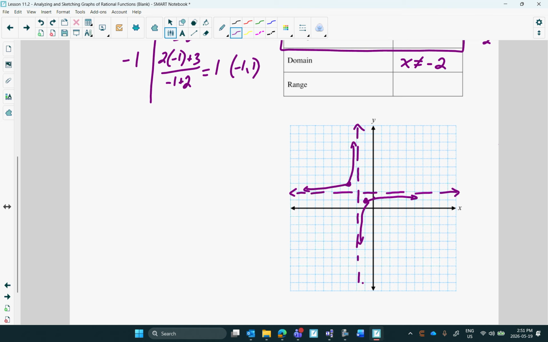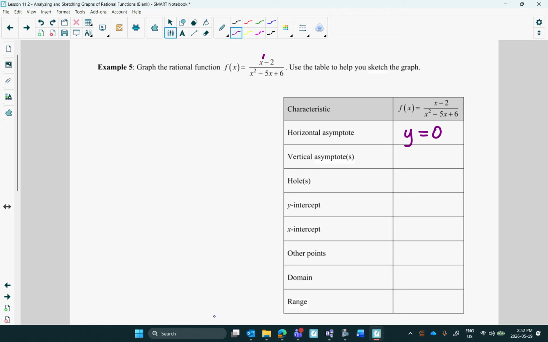Last one. Horizontal asymptote, y equals 0, because the degree of the numerator is less than the degree of the denominator. Vertical asymptote or pole.